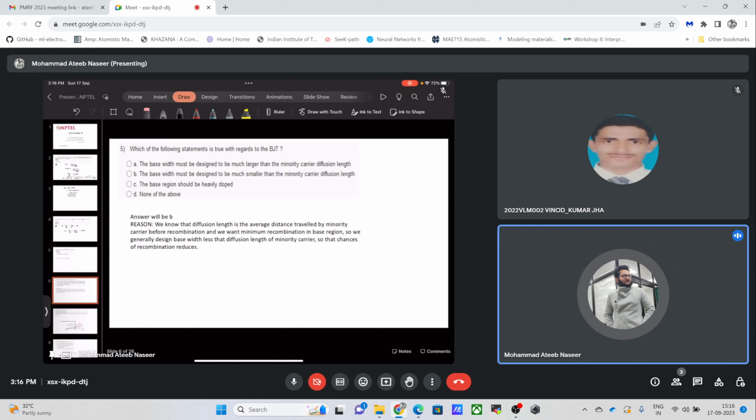The reason stated over here is that the diffusion length is simply the average distance traveled by the minority carriers before recombination.